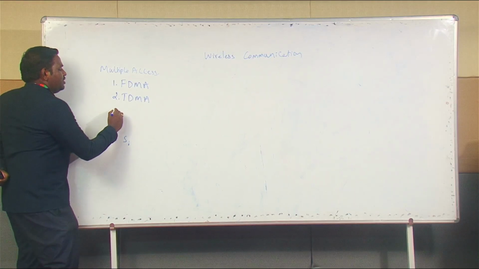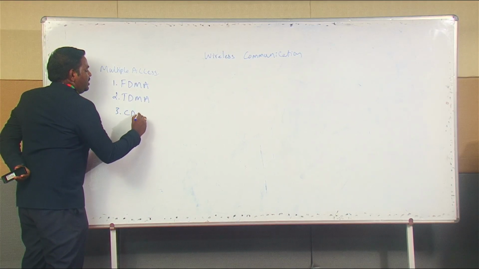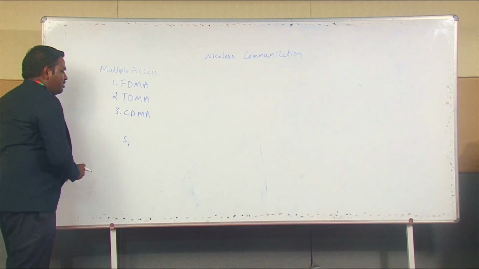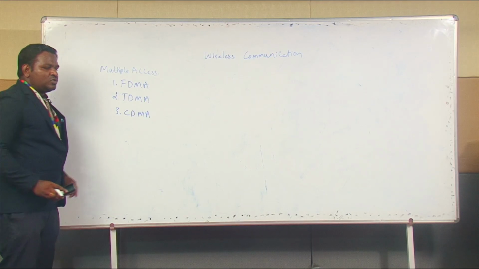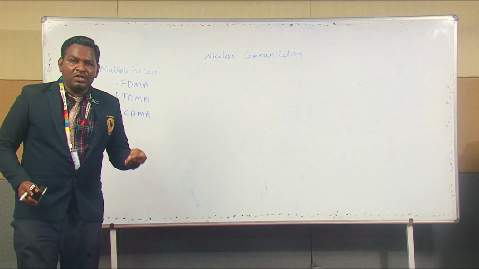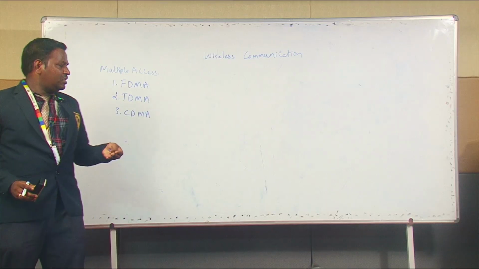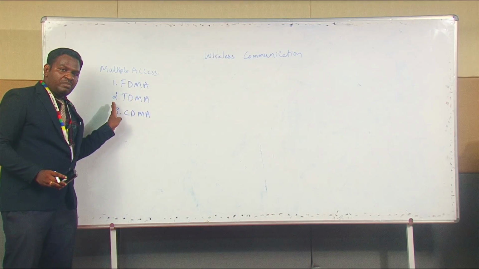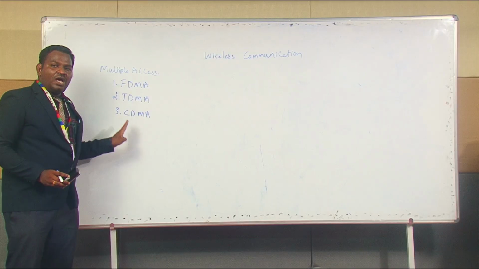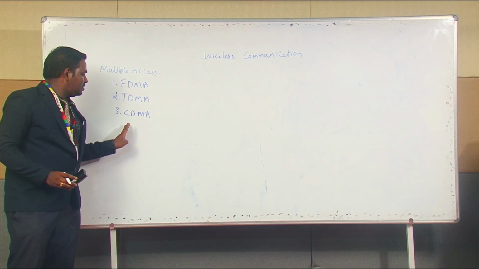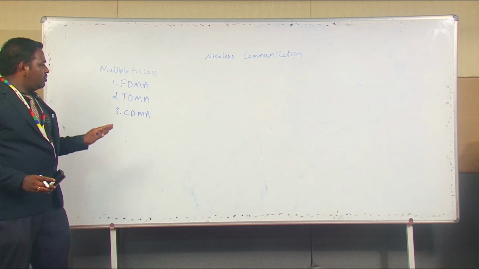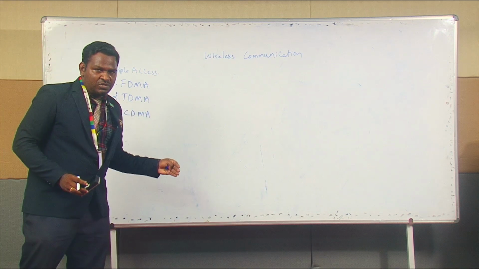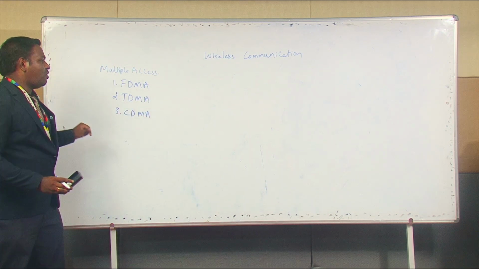The third one is CDMA, code division multiple access. When you go through the different generations of cellular communication, FDMA comes under 1G, TDMA comes under 2G, and CDMA comes under 3G. So these are the different generations. Now we will see them one by one.